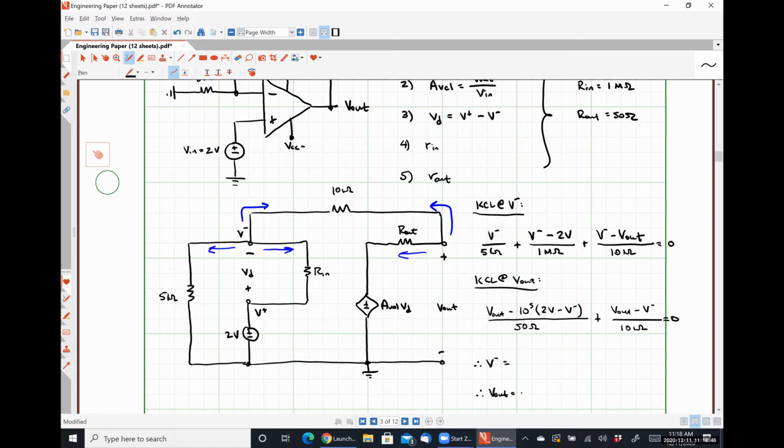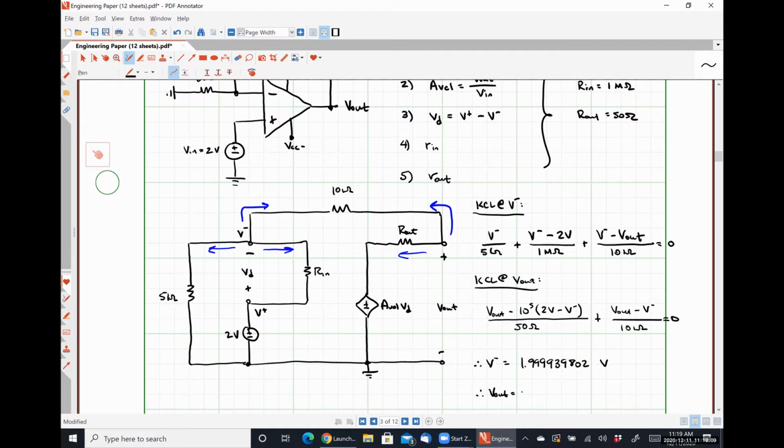When I solve this, I get V minus equals 1.99993980 volts. Normally I wouldn't keep that many significant figures, but I'm doing it for a specific reason right here.